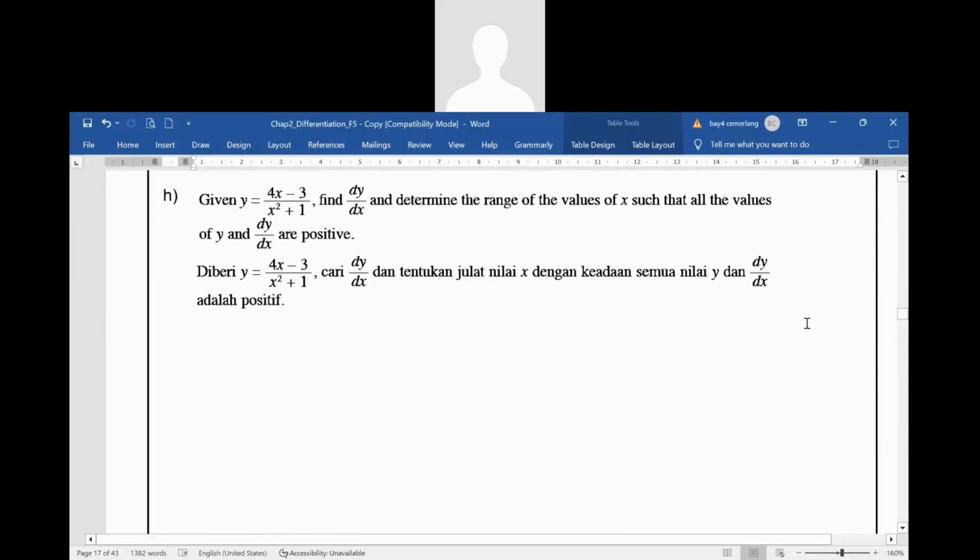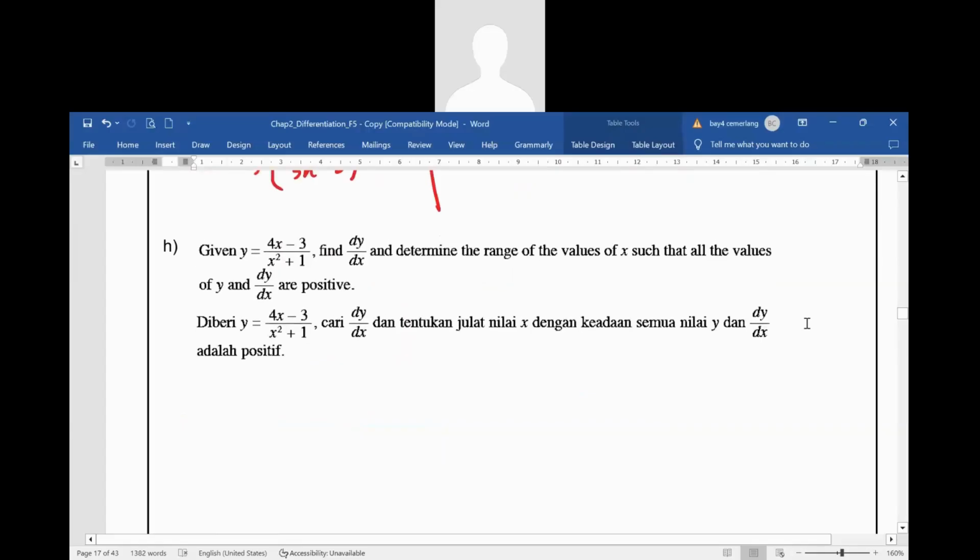All right, next one. Given y is equal to (4x minus 3) over (x squared plus 1), find dy/dx and determine the range. Find dy/dx, that is the first part of the question. Second part of the question: determine the range of values of x such that all values of y and dy/dx are positive.